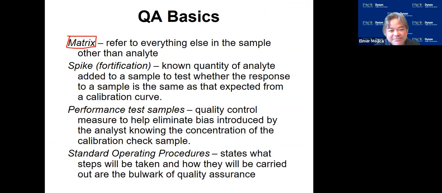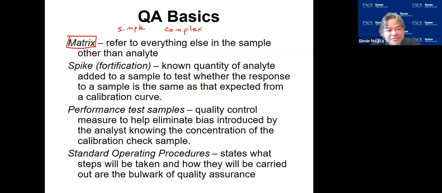So matrix is referred to everything else in the sample other than the analyte. Okay. So it can be simple matrix versus a complex matrix. What's the simplest matrix that you can have? Among the sample, what could you say is the simplest matrix that you have?